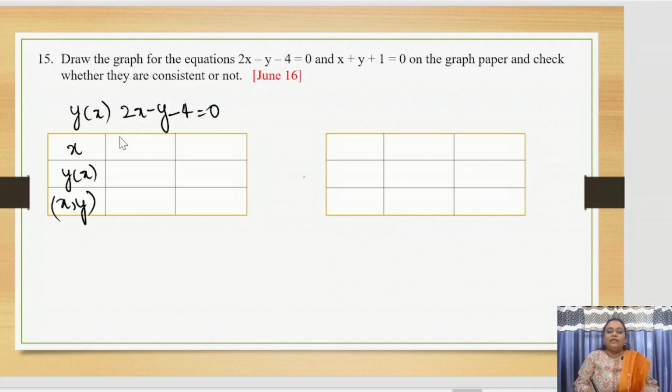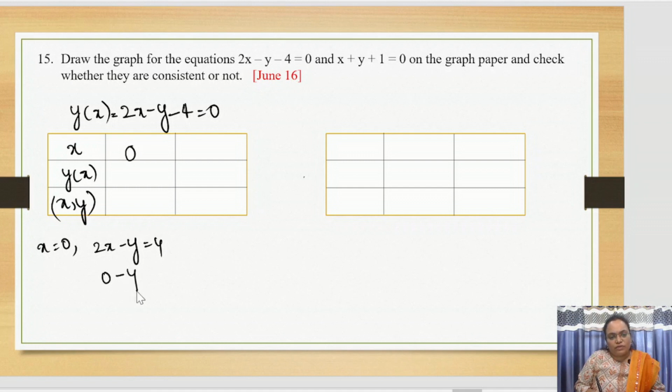Let us first find the points for the first equation. So let us put x is equal to 0 and find the y value. So if x is 0, this will be 2x minus y is equal to 4. Okay. If x is 0, which is minus y is equal to 4, y is equal to minus 4. So y value is minus 4. The coordinates are 0 and minus 4.